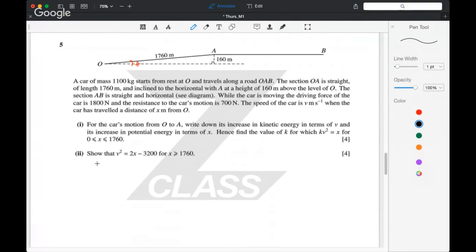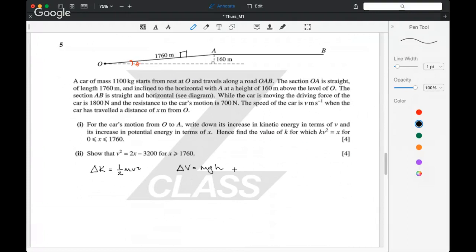So we have some delta K, change in kinetic energy. Well, it started at rest, and at some point it's now got some velocity v, so delta K is just 1/2 mv squared. Delta V, potential energy, well, that's just mgh.